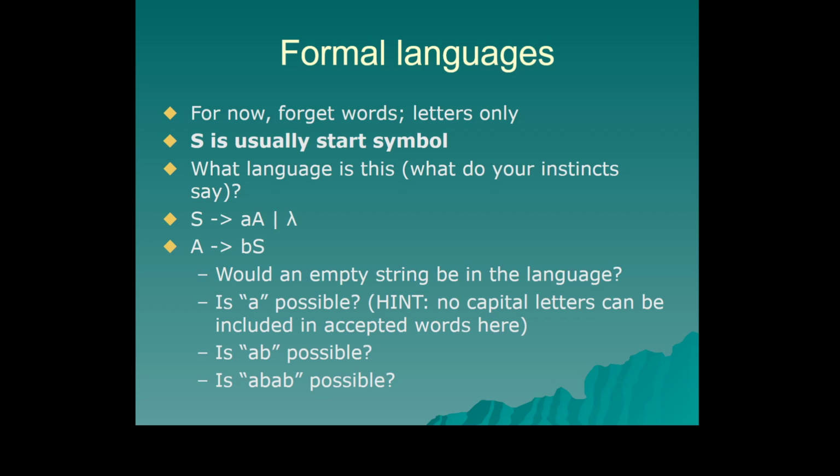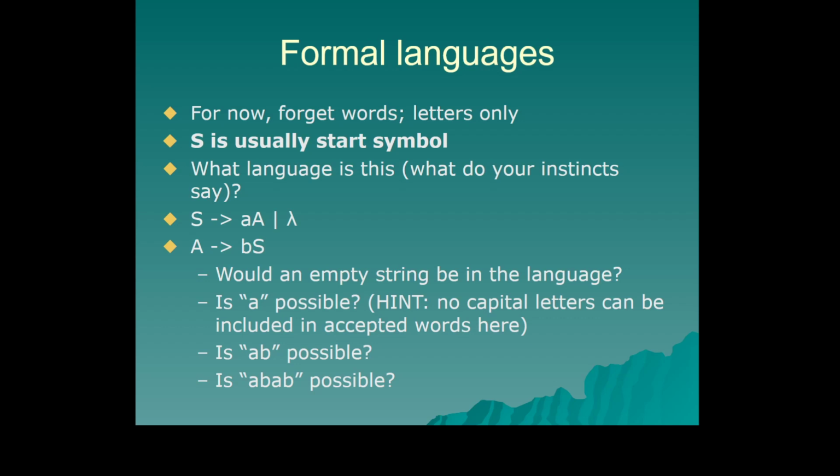There's no or lambda here. So that means that we can only substitute our capital A with a lowercase b and an S. So we get lowercase a and then lowercase b and then an S. The S loops us back into this rule, and we can choose lambda there, but that doesn't get us the letter a. That does not get us an output of the letter a.